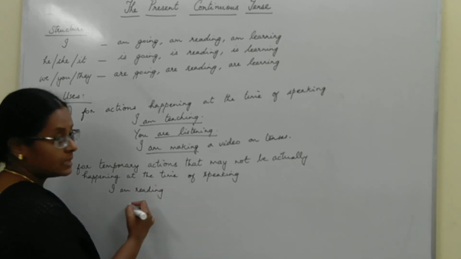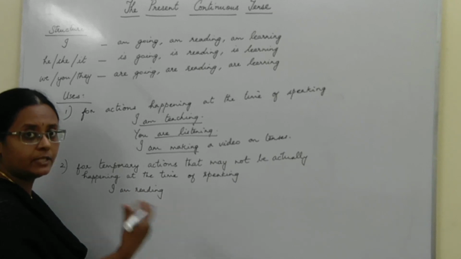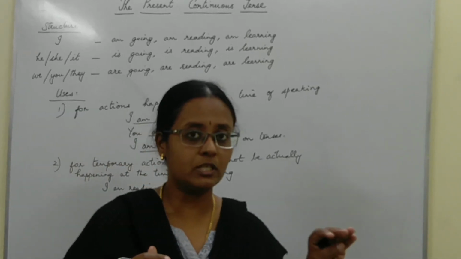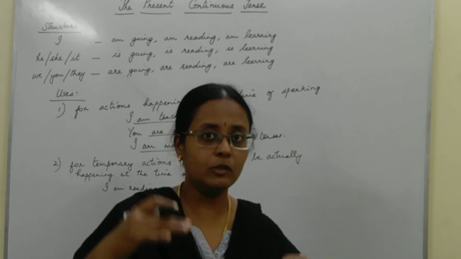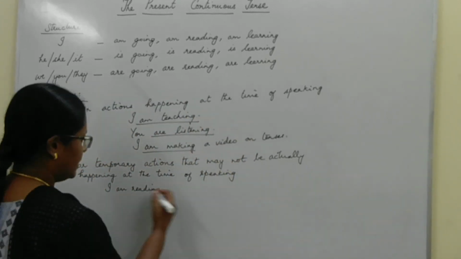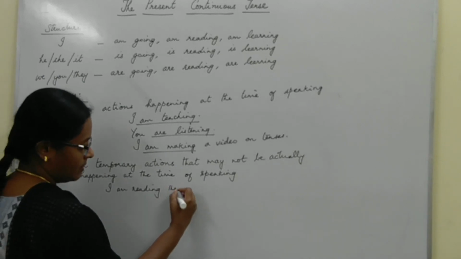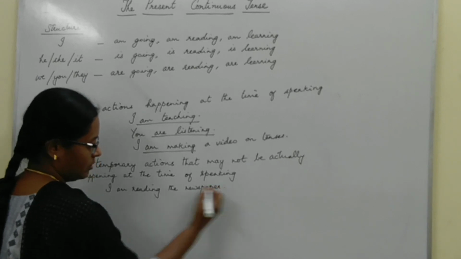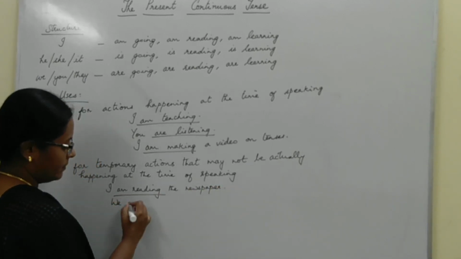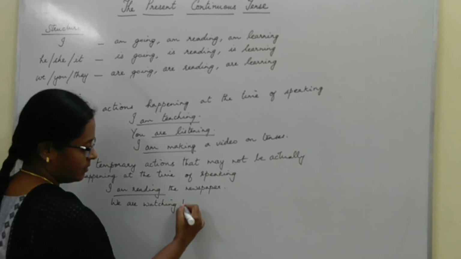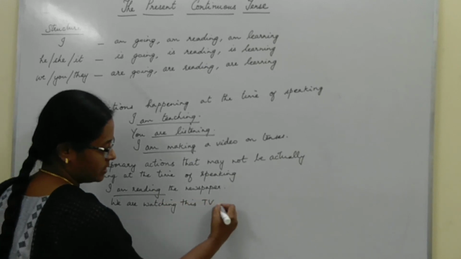And things like, "We are watching this serial on TV." So when you say this sentence to someone, you are not actually watching the serial at that time, but you are regularly doing it for some time. Right? I am reading the newspaper. We are watching this TV serial. Temporary actions.